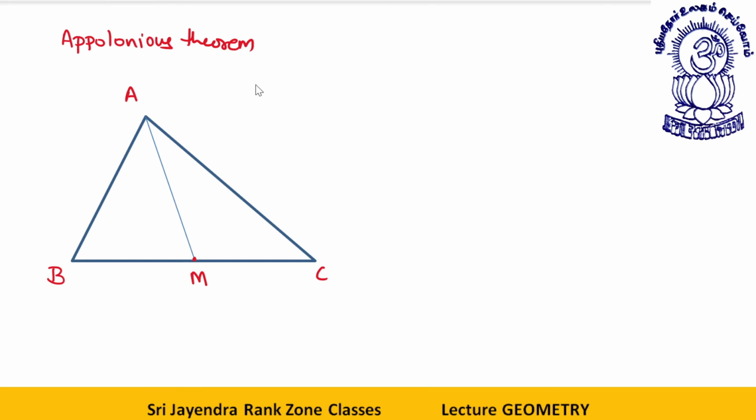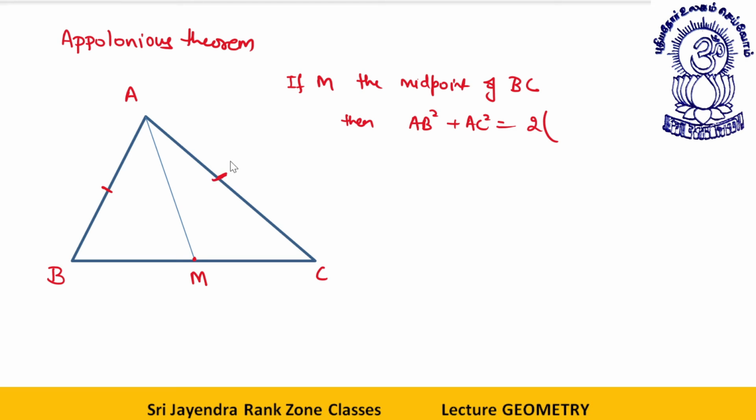If M is the midpoint of BC, then the theorem states AB square plus AC square is equal to double of AM square plus BM square. That is, double of this median, AM square, plus any of this portion, this or this, whichever portion you want to take.